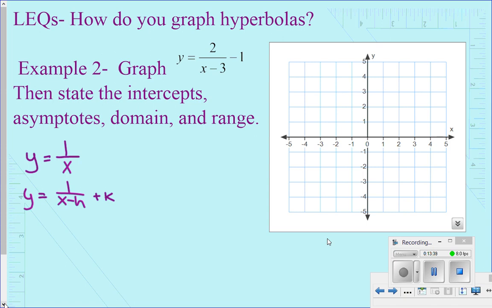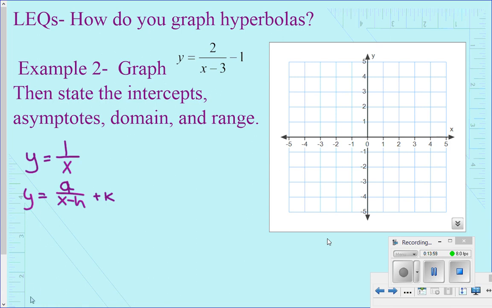If the absolute value of A is greater than 1, that's a vertical stretch. Less than 1, a vertical compression. If A is negative, then it's going to be a negative orientation. So the A really just goes in the numerator. So we have y equals A over x minus h plus k.